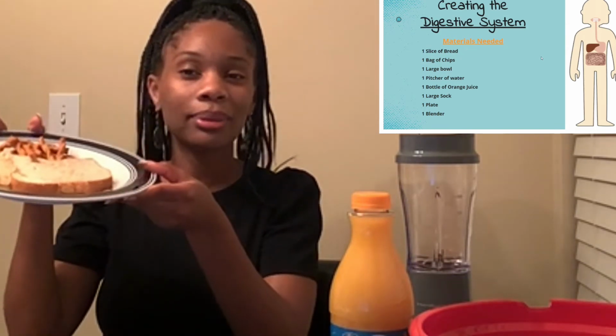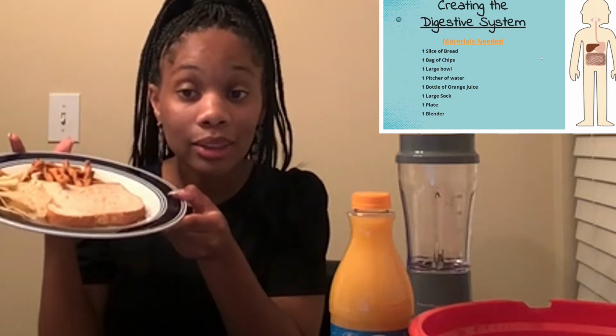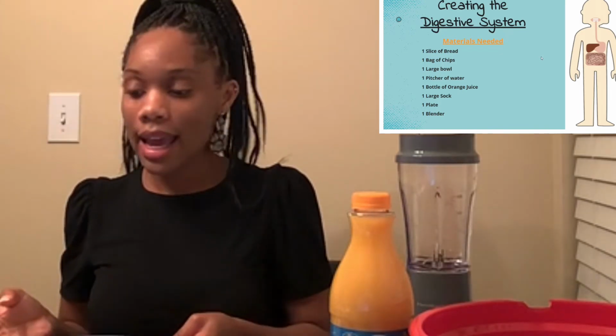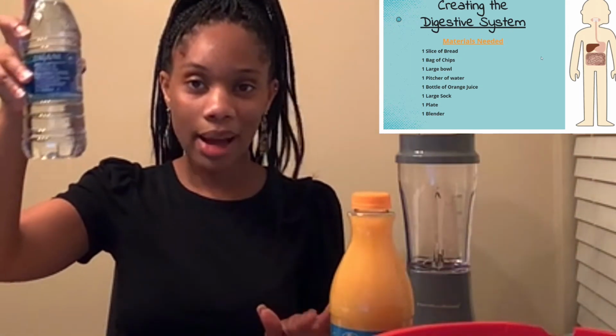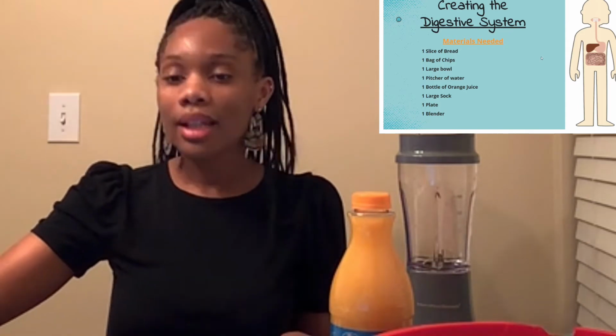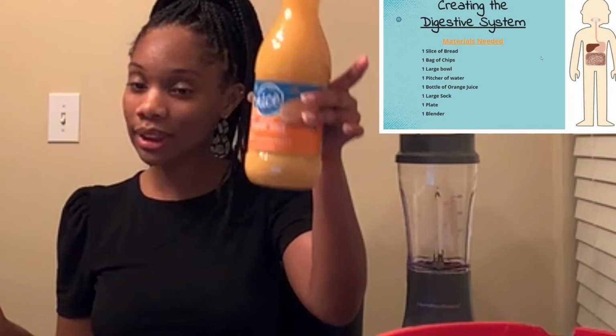I have chips. I added pretzels because I like pretzels. And then you need a large bowl. It says a pitcher of water, but I was like a bottle of water should do. And a bottle of orange juice.